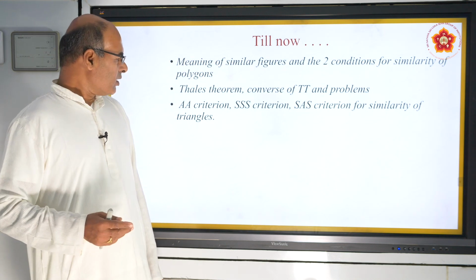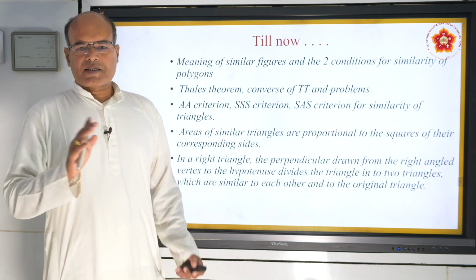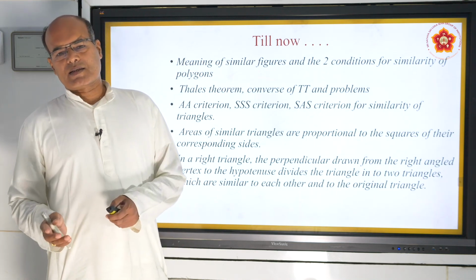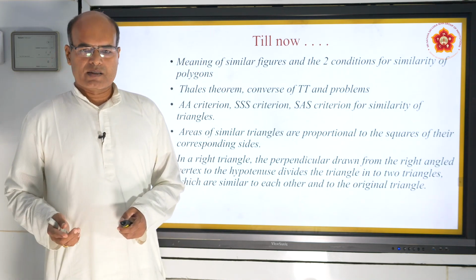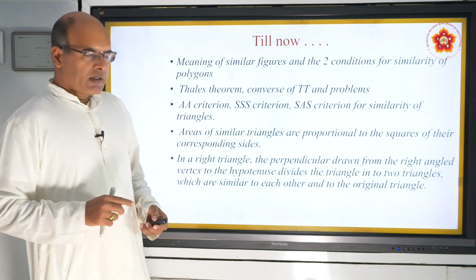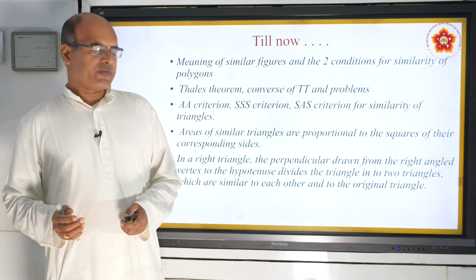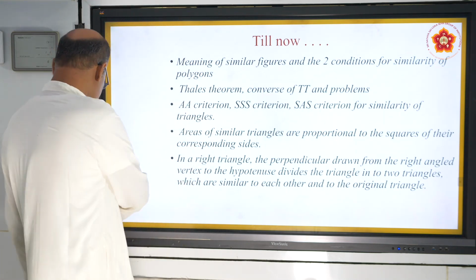In the fourth video, we have discussed the relation between areas of similar triangles and their corresponding sides. A theorem stated that the areas of similar triangles are proportional to the squares of their corresponding sides.